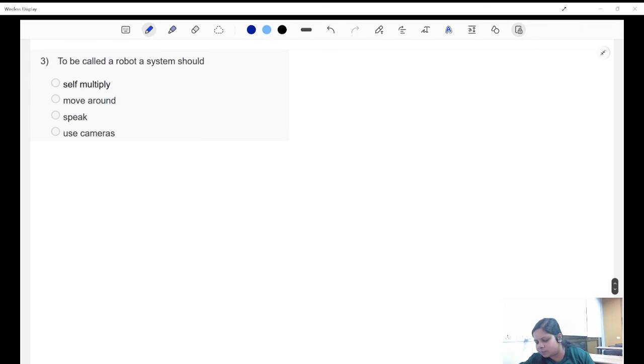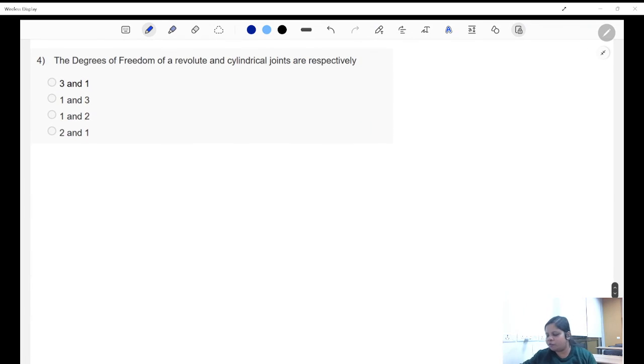To be called a robot, a system should self multiply, move around, speak, or use cameras. Yeah, good.